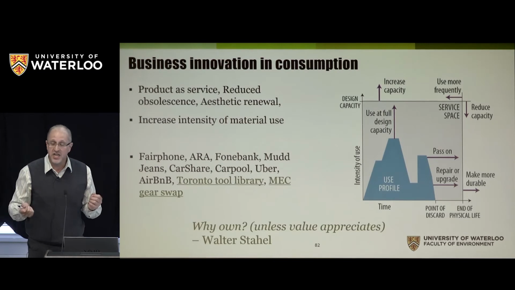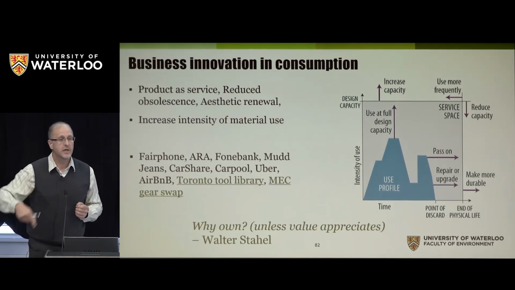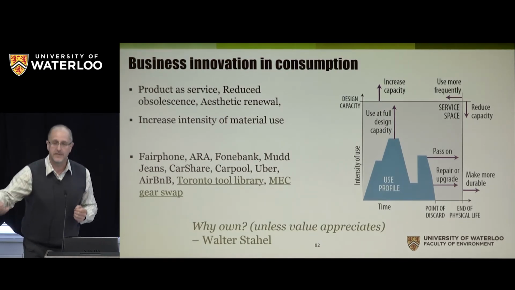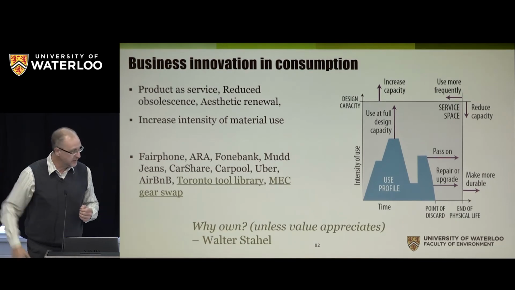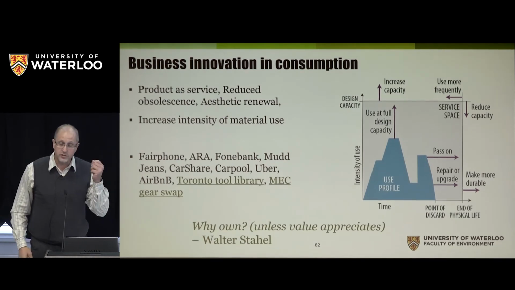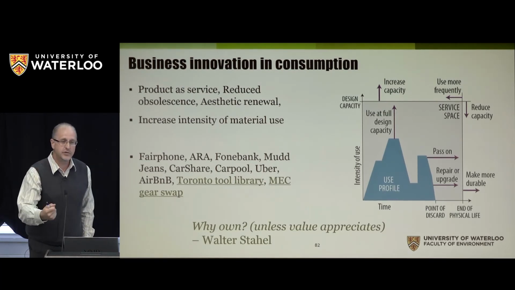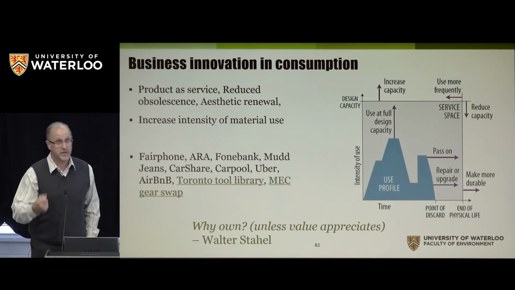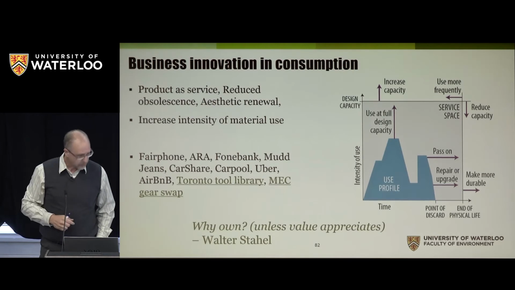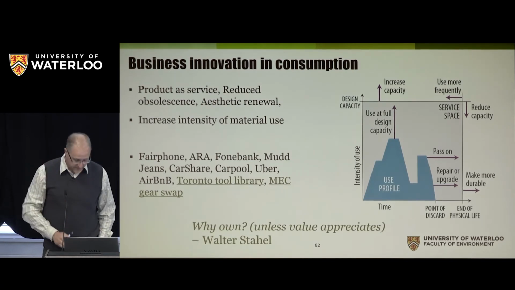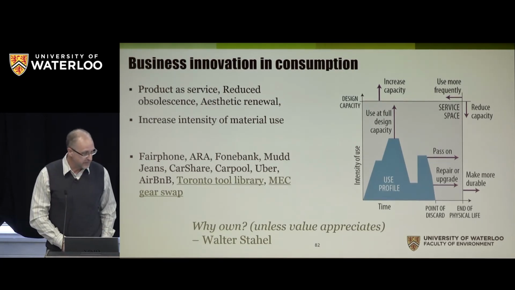There's Mud Jeans, which is doing reuse or leasing of the clothing product. You have the Toronto Tool Library, which enables that single power drill to be used every weekend by an individual. So the intensity of use goes up. So these are interesting business innovations that I think we should keep an eye out for.